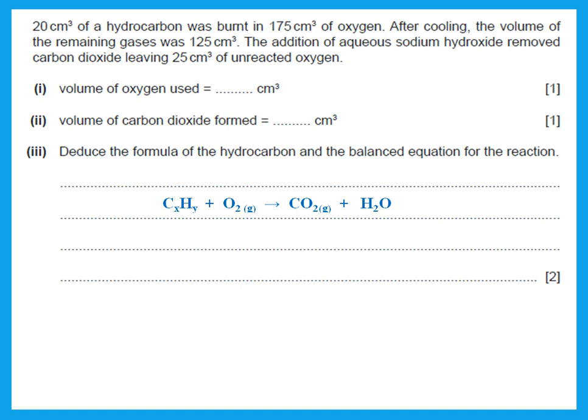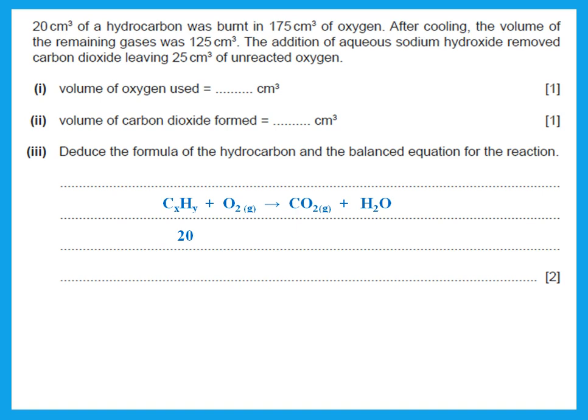So we're trying to get what is X and what is Y. And he's saying, I started with 20 centimeter cubed of a hydrocarbon. When we do organic, you will remember that burning of any hydrocarbon in oxygen will give carbon dioxide plus water. So he has excess oxygen, so it gives carbon dioxide and water, and we're trying to get the balanced equation so that I can get X and Y.